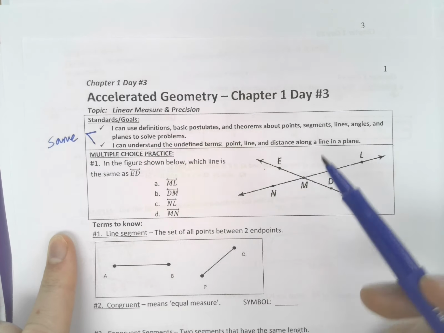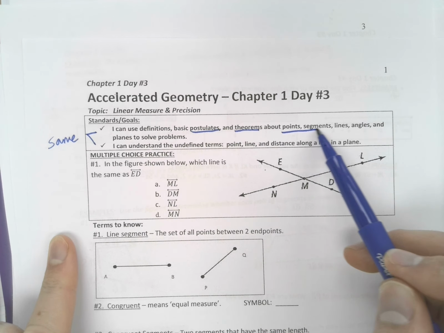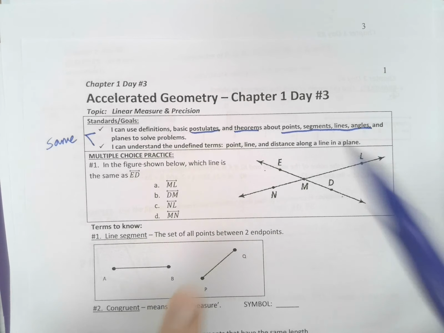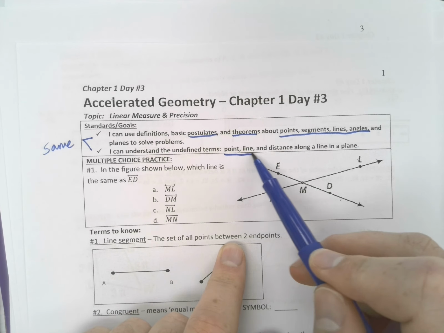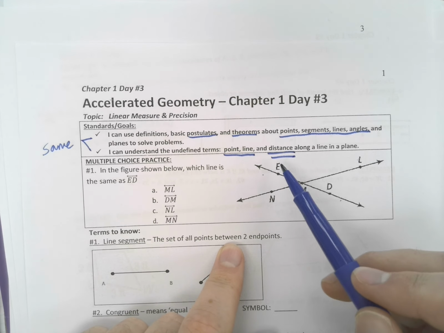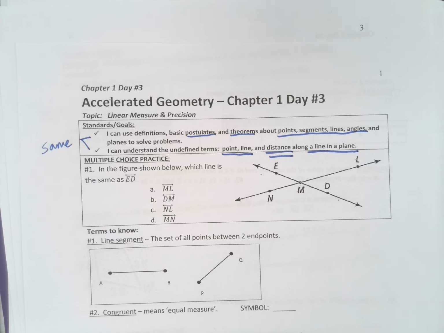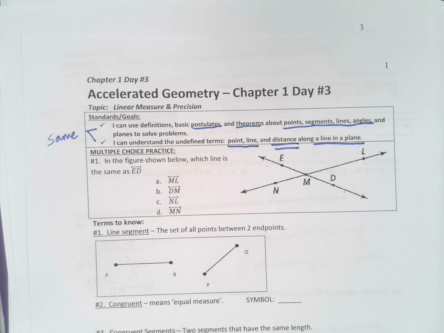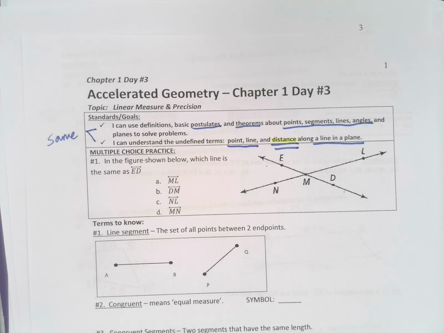For the most part, we've got postulates, theorems on points and lines and angles. And then here's the key too, being able to understand points, lines, and distance. That's going to be one we haven't really talked about yet, along a line in a plane. So distance is going to be really what we focus on, especially the back half of today.